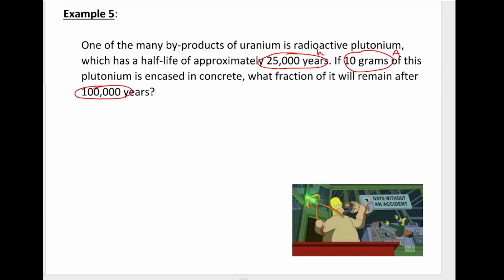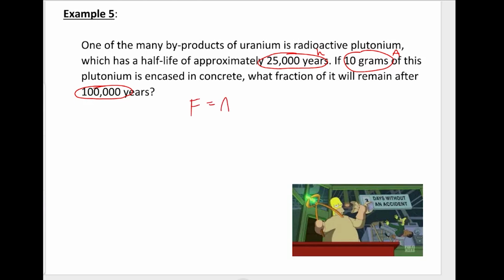So we're going to get the final amount, but then we also want to compare that to the 10 grams because the way this question is worded is asking what fraction of the original amount. So it should be something out of 10. It's going to slightly modify how we answer the question, but the overall process of finding it will be basically the same.